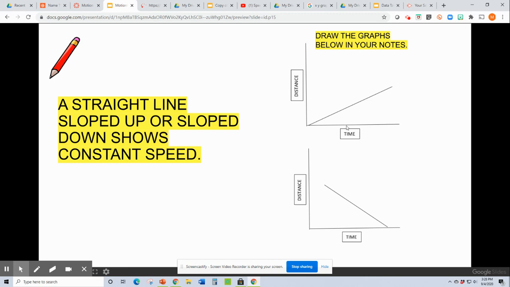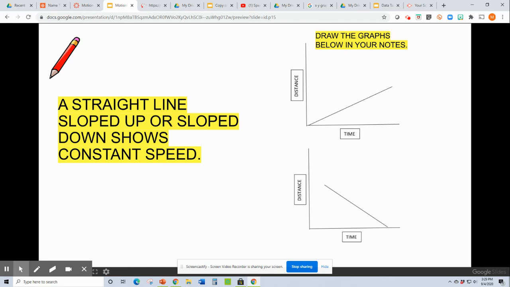On a distance time graph, if you see a nice solid line like this, and it's either sloped up or sloped down, that tells you that the object or the person is in motion and they're moving at a constant speed. The word constant means the same.